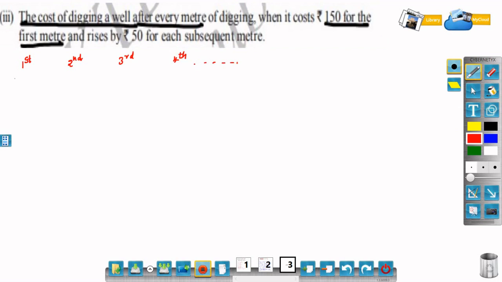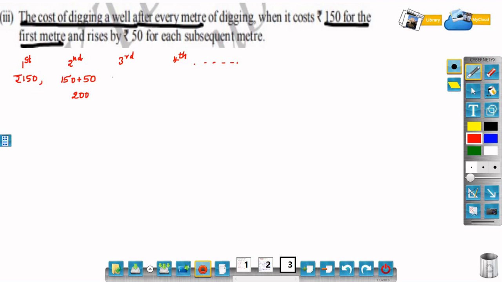For the first meter, the cost of digging is rupees 150. For the second meter, it rises by 50, means for the first it was 150 and rises by 50, that is 200.